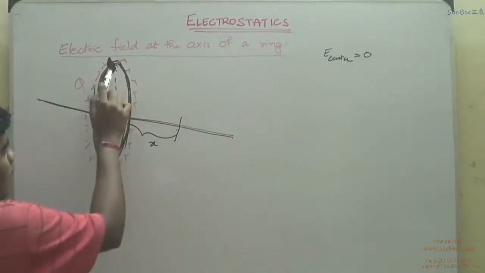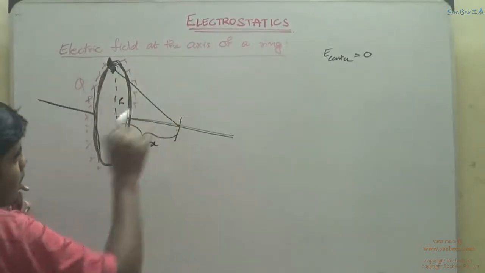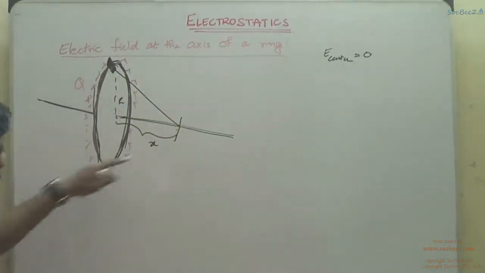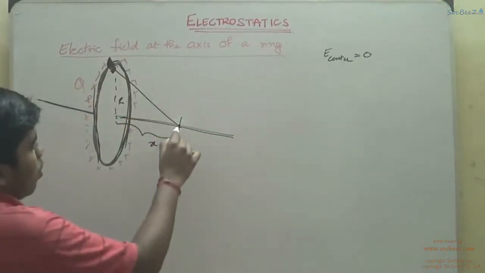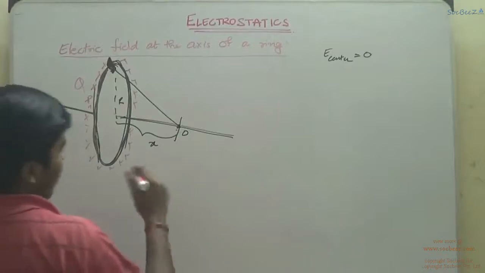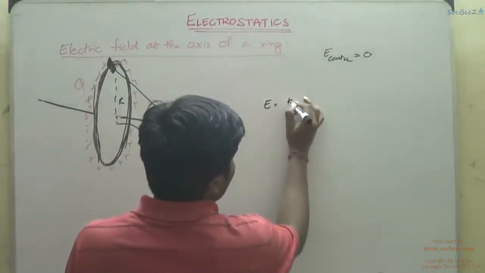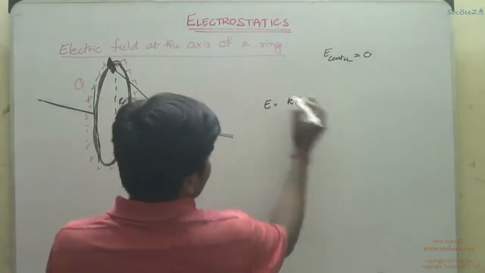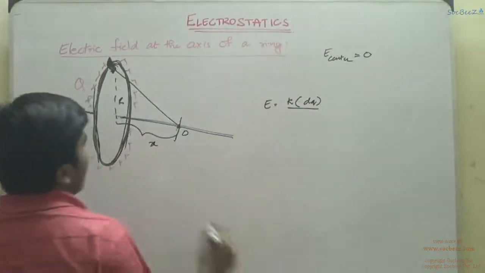Now what is the electric field due to this charge at the point, say O? We say that the magnitude of the electric field is equal to k times the charge dq by distance square.